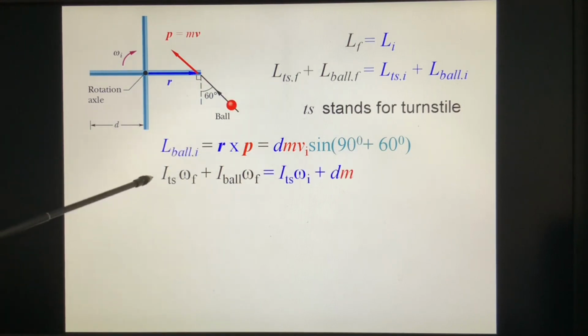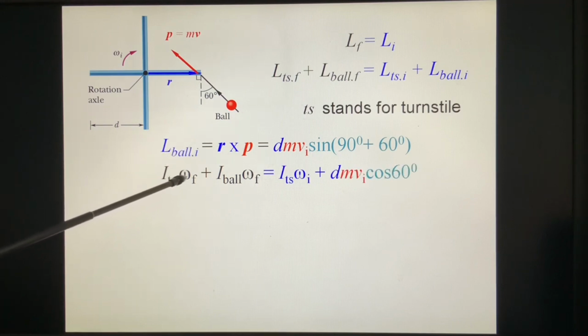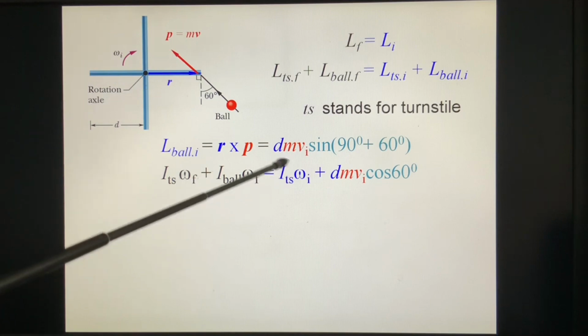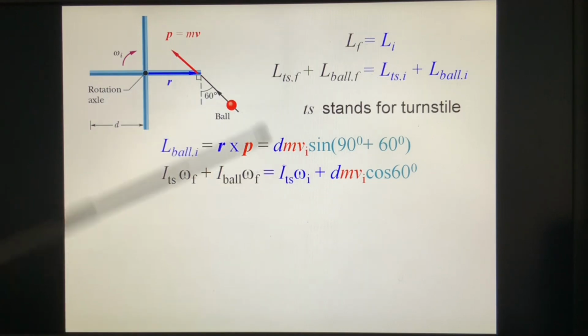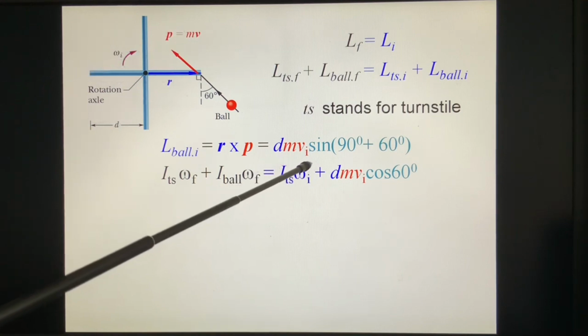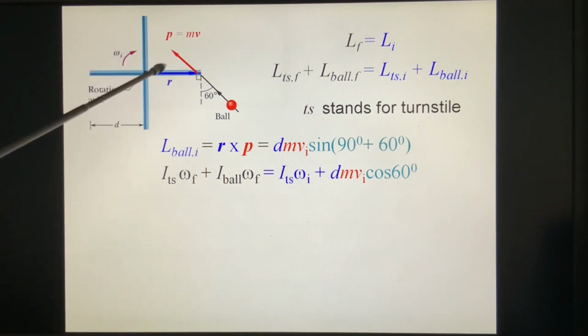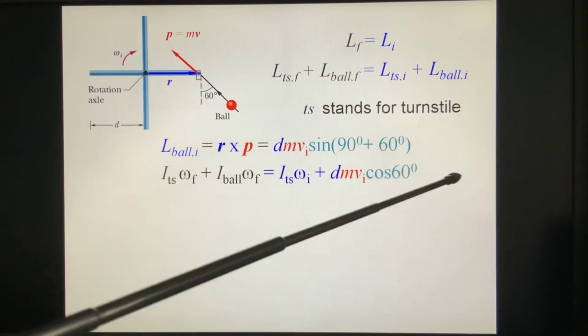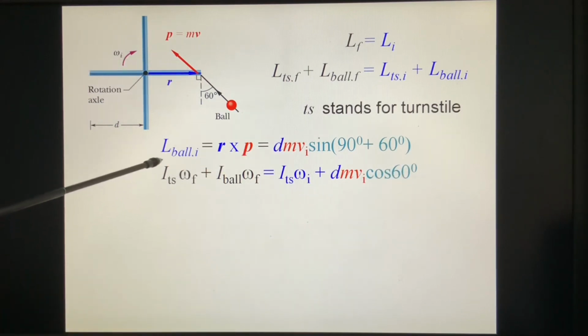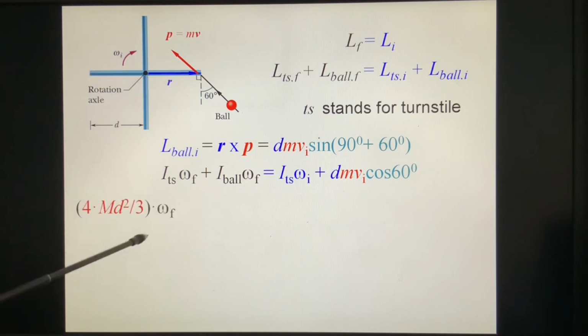And for the final, this one we can find. This one we want to find. For the ball, initial, this is very simple, it is m r squared, m d squared, right? So initially you have the turnstile rotating, plus the ball term d m v cosine 60. But for the turnstile, each one of the 4 rods has md squared over 3.